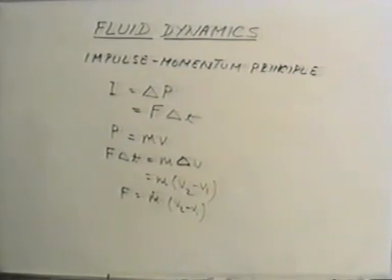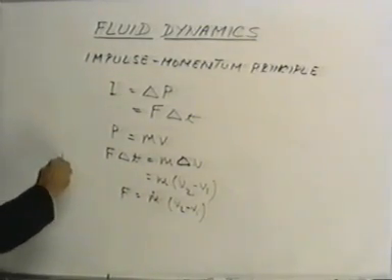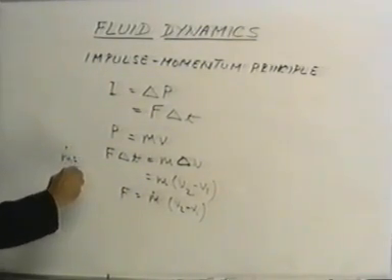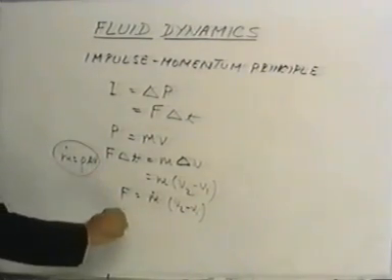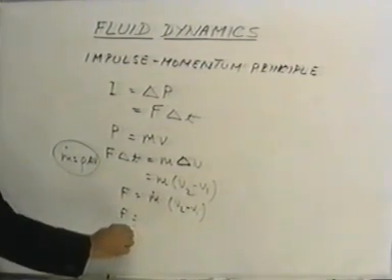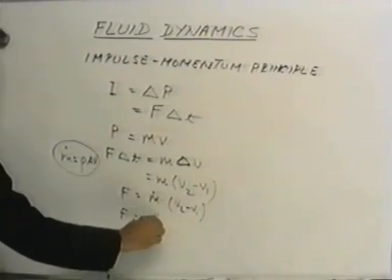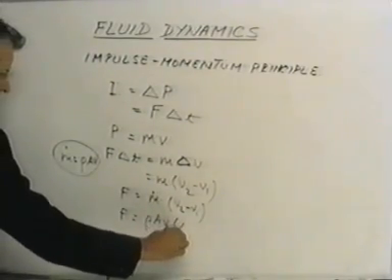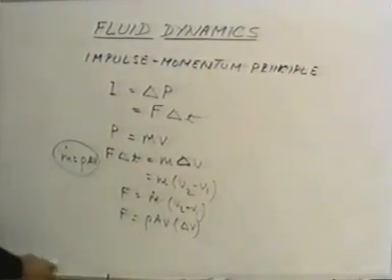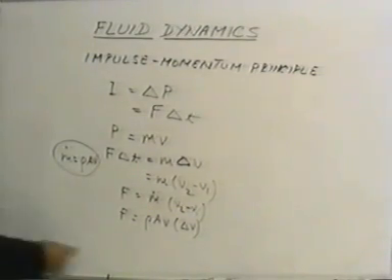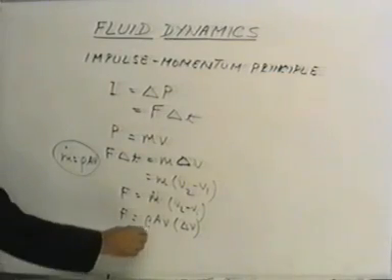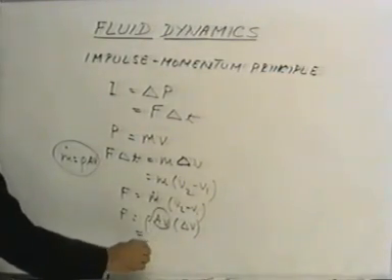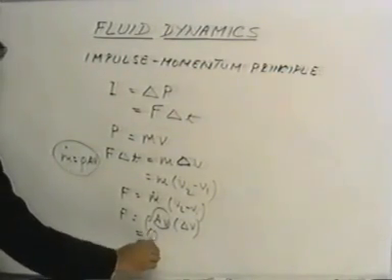And I can write this yet another way, since I remember from earlier work that M dot is equal to rho times A times V. I can write here that F is equal to rho times A times V multiplied by the change in velocity delta V. And A times V we recognize as Q. We've had that before, flow rate, mass flow.